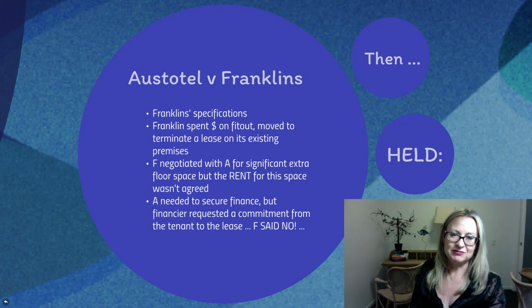And here you come to the case of Ostertell and Franklin's, and the question there equally was whether it was reasonable for Franklin's to rely on the representation that they wanted to rely on. Rather interesting case.